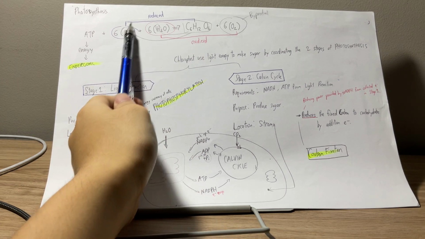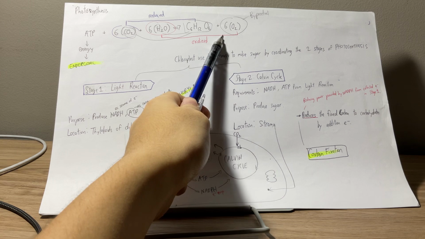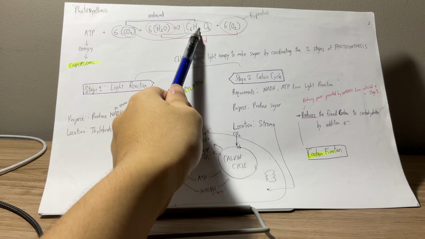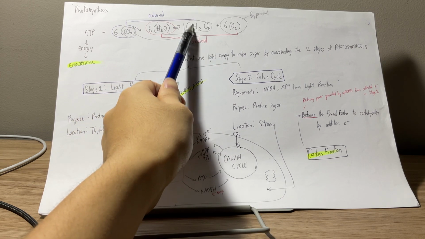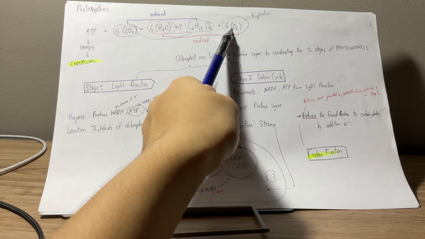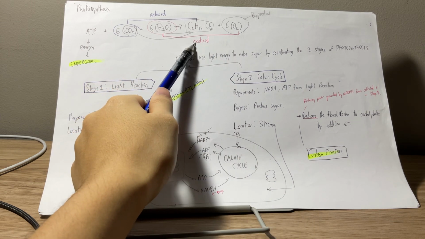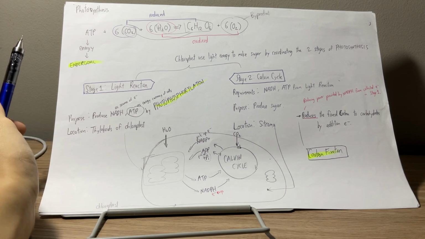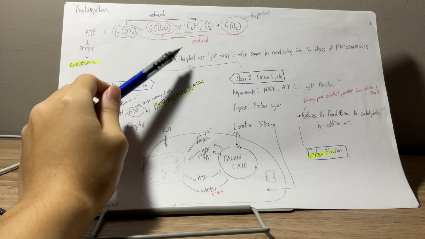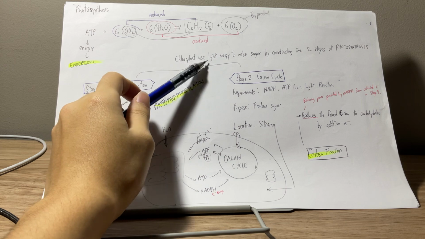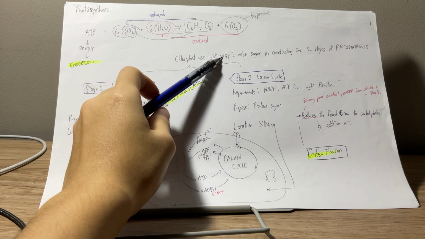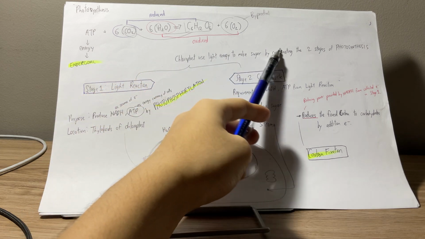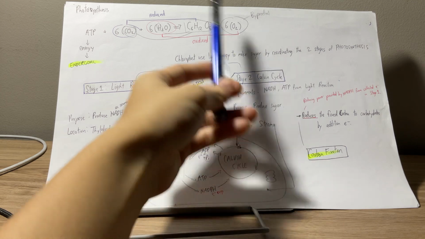And yeah, reduced, oxidized. So from here to here, a reduction reaction happens. And from here to here, an oxidation reaction happens. Okay, so chloroplast uses light energy to make sugar by coordinating these two stages of photosynthesis.